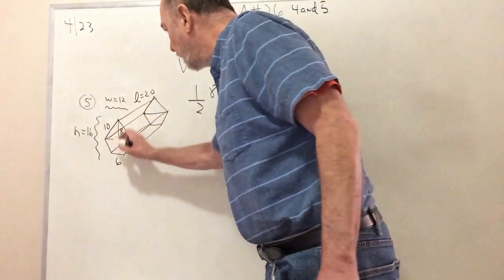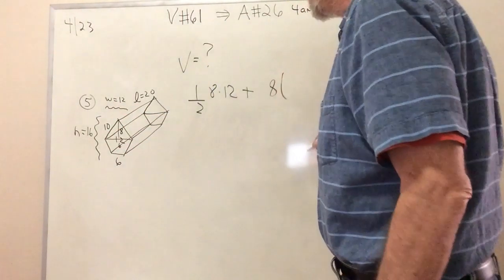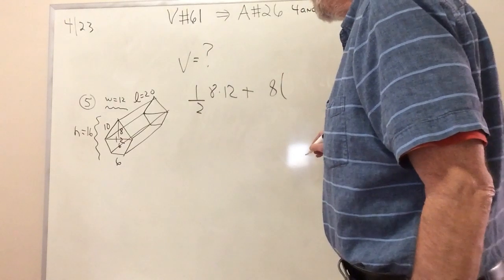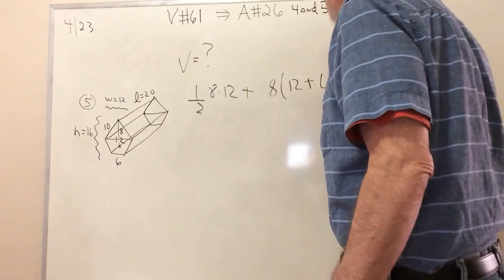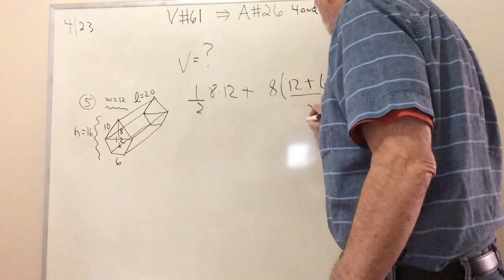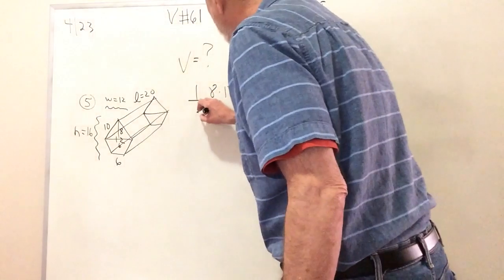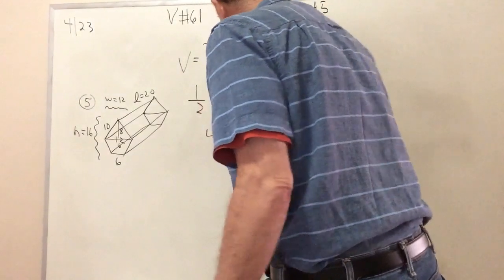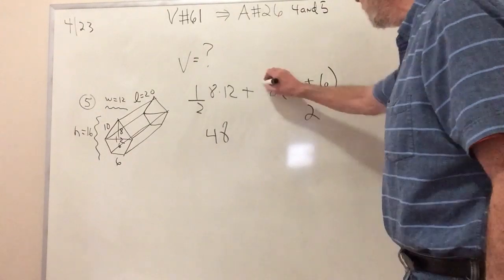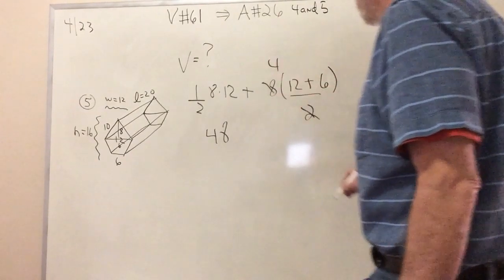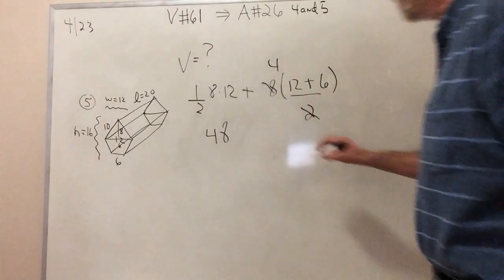But if this is 16, 16 minus 8 is 8, so they're really not challenging you that much there. And of course, it's the base 1, base 2 in any order. There's the top and the bottom, and we divide that by 2. So you don't need to be a genius in math to see that this is 48, and you really don't have to be that good in math to multiply 4 times 18, and that's 72.